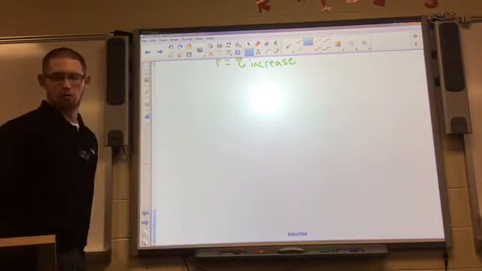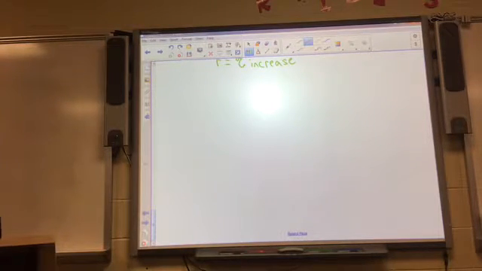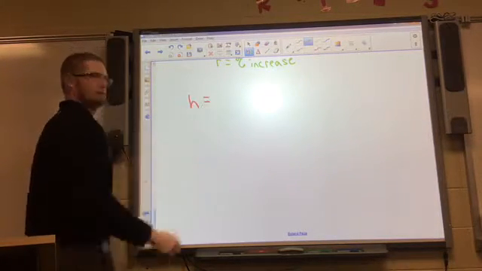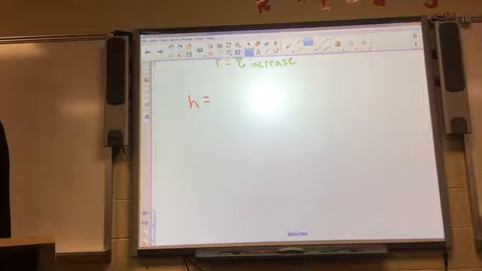It's the same function, except now instead of y, we have h, because we're giving the model for the number of hosts. That's what we're trying to find.